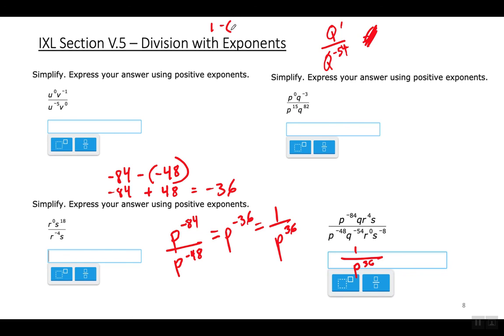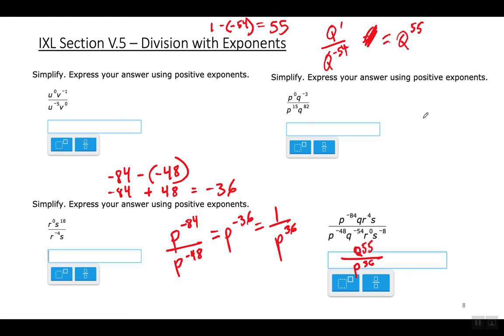No, I'm sorry, 1 minus negative 54. That's going to become 1 plus 54, which equals 55, okay? Esto sería 1 más 54, que te da 55. So this gives me q to the 55 power. So that's going to go on the top of my answer. Q a la 55, q to the 55th power.